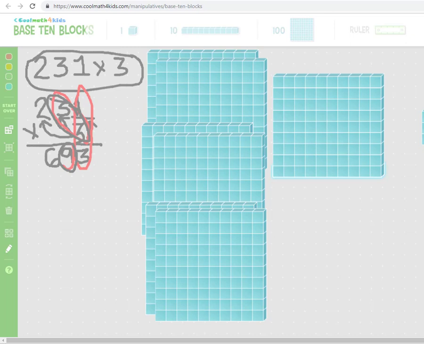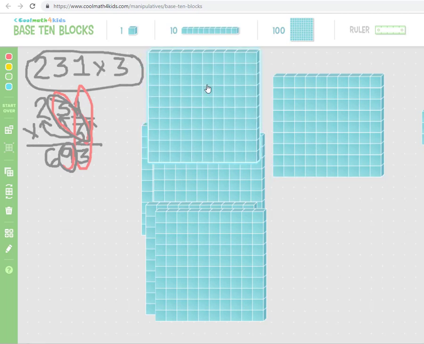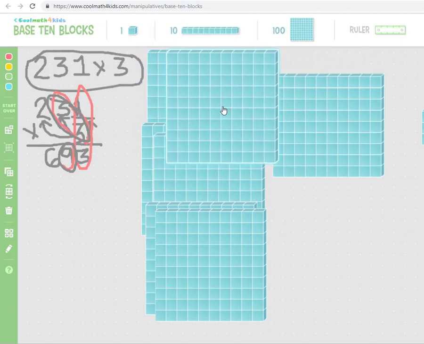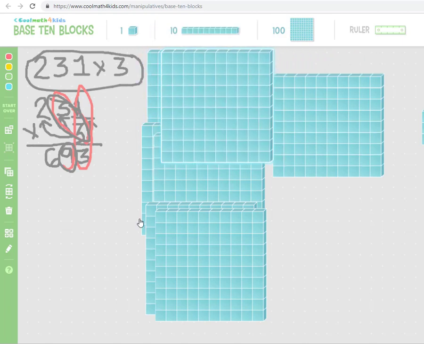Okay, great. Now let's look at our hundreds here. Well, I had the 200s happening 3 times. 2, 4, 600 blocks I end up with. They're hard to slide around. I hope you'll just agree with me. That's 1, 2, 3, 4, 5, 600 blocks, meaning that 200 happened 3 times.